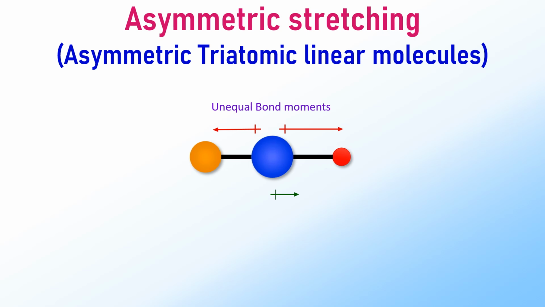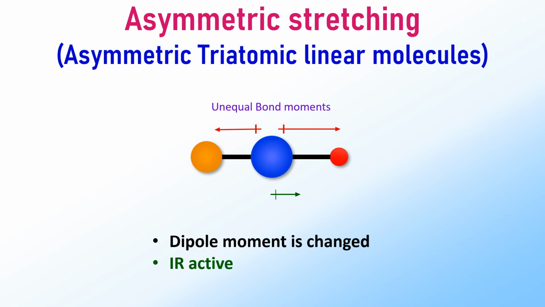During the stretching vibrations, the dipole moment changes, making this mode IR active. It is important to note that even if both bonds are vibrating simultaneously, the magnitudes of their stretches are not the same. The bond associated with the smaller atom experiences a greater stretch than the bond with the larger atom. Therefore, the stretching mode is classified as asymmetric.